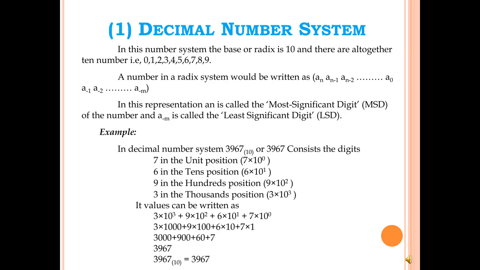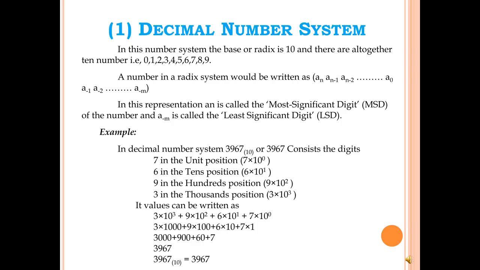3967 consists of the digits in which 7 is placed in the unit position, which can be written as 7 multiplied by 10 to the power 0, 6 is placed in the tens position, which can be written as 6 multiplied by 10 to the power 1, 9 in the hundreds position, we can write it as 9 multiplied by 10 to the power 2, and 3 in the thousands position, we can write it as 3 multiplied by 10 to the power 3.